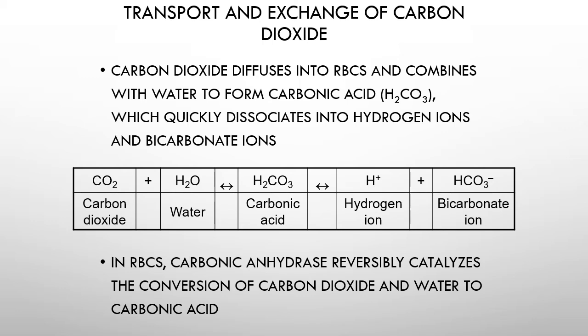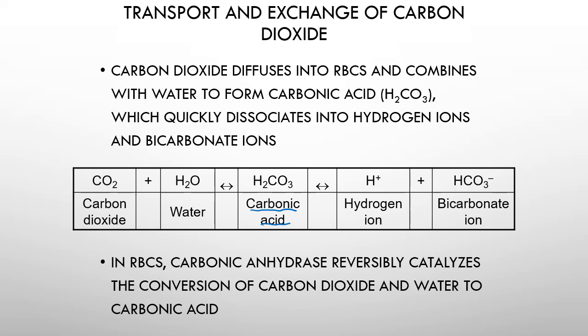So carbon dioxide basically goes into the red blood cells. Inside the red blood cells, we have water. And so as water combines with the carbon dioxide, we get a substance called carbonic acid. That carbonic acid is now inside of the red blood cell, and it's going to then lose a hydrogen ion and the bicarbonate.